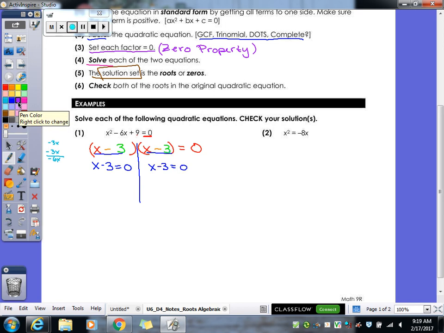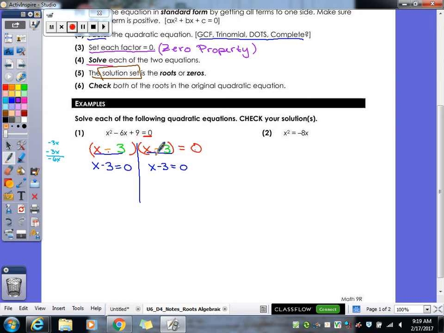What our 0 property says is one of these 2 things, when multiplied together, has to be a 0 in order to get a 0. That's the only way you can get a 0 when multiplying: 2 times 0, or 4 times 0, or 10 times 0. What we don't know is whether the 0 could be this one or that one. So we just set them both equal to 0 in order to solve.